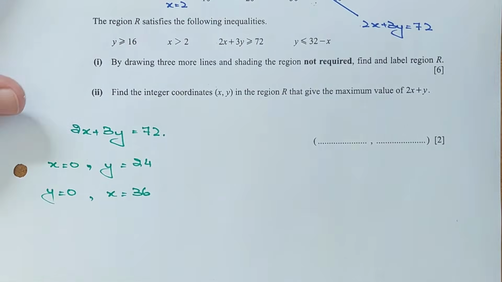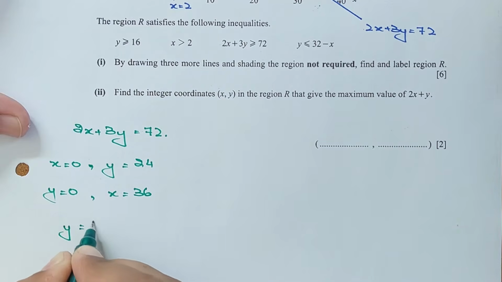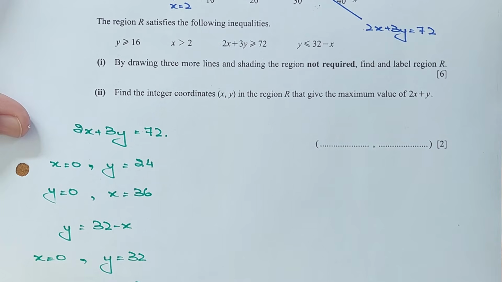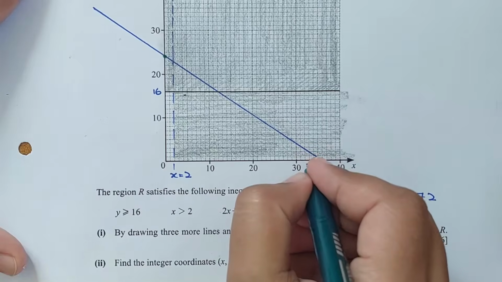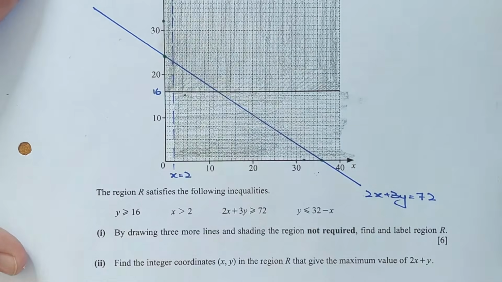So if I solve this as well, I can say y equals 32 minus x. When x is equal to 0, the y value is 32, and when y equals 0, the x value is 32. All right, so x is 32, and y is 32 over here.